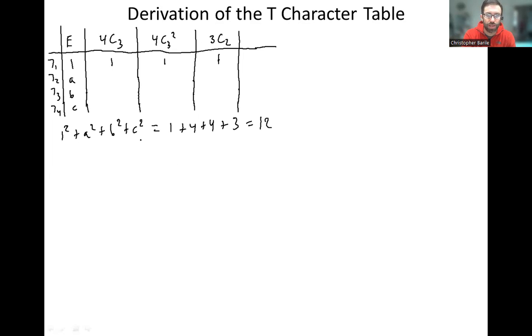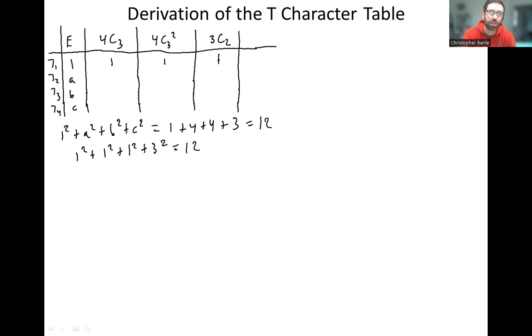It could be 3 squared. Now, one of them could be 3 squared because 1 squared plus 1 squared plus 1 squared plus 3 squared is equal to 12. So that looks like it works. It does work. Can it be anything else? Could it be 2 squared? Well, 2 squared is 4. If we have two 2 squareds, that would get us to 8. And then if we had three 2 squareds, that gets us to 12, and then we have 13, so that doesn't work.